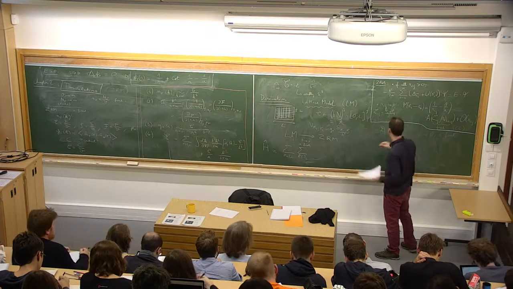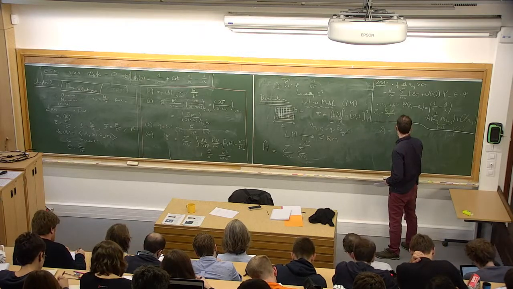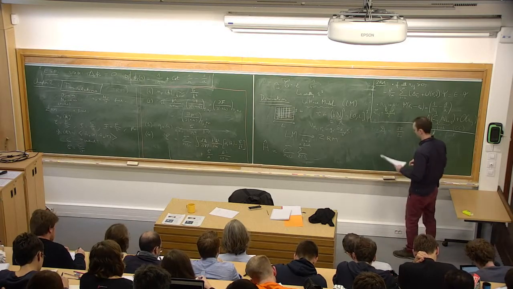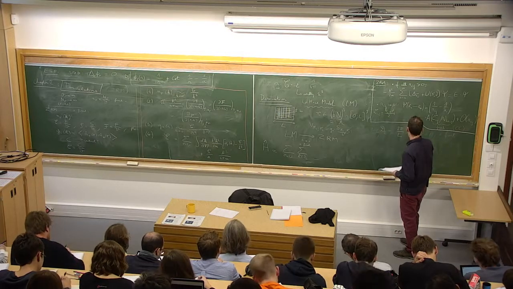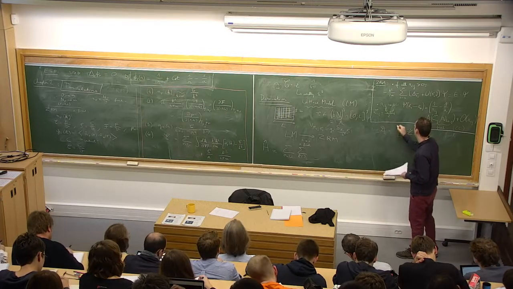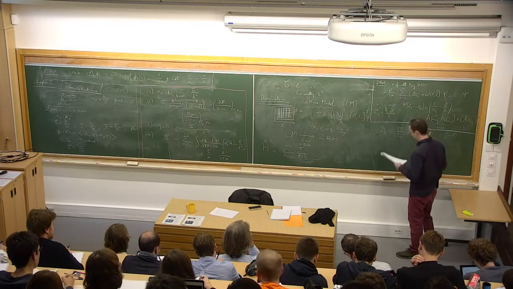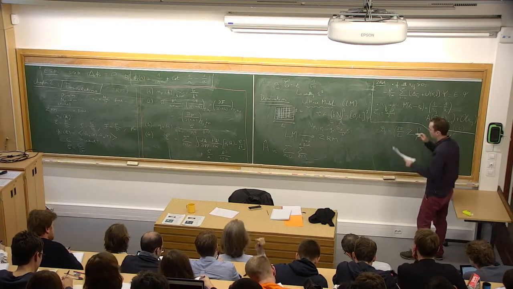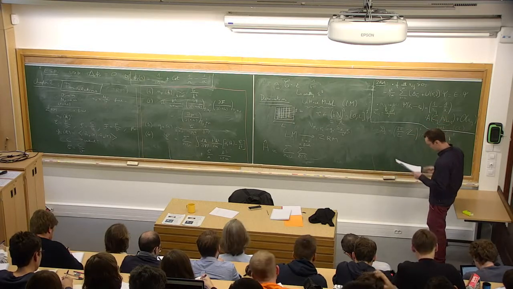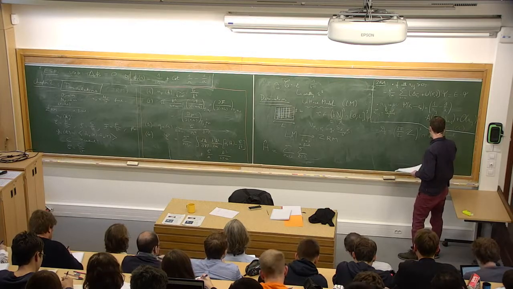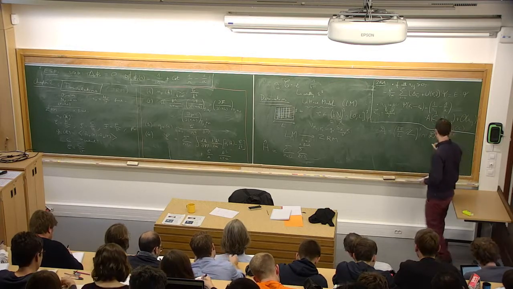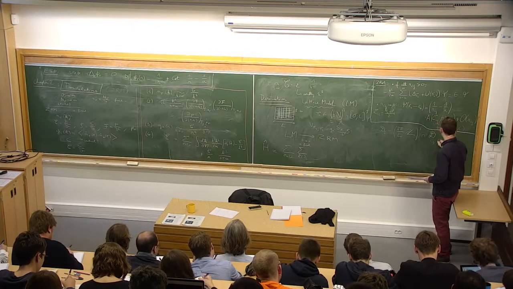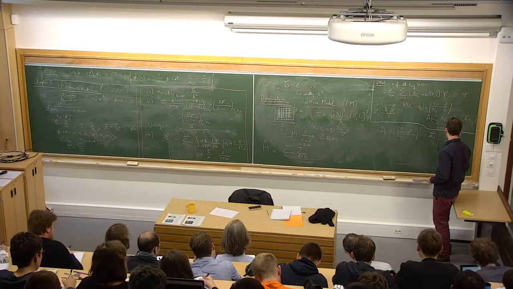Since we are in the box, the momentum coordinates should be 2 pi over L times some positive or negative integer, with 3 coordinates. And it should also be inside the first Brillouin zone of our lattice that I will denote by D. So D here is the first Brillouin zone, which is minus pi over B, pi over B.